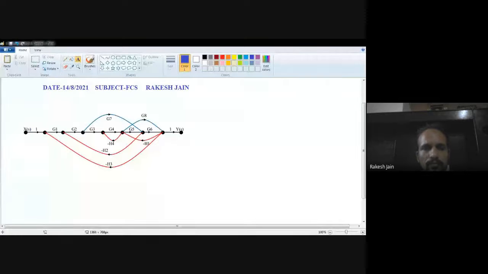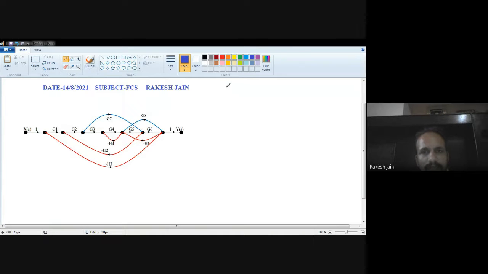So let's begin. First of all, let's look at this MS Paint file where I have a numerical whose transfer function we have to find out. Let's suppose there is a question in which we have to find the transfer function. Because this question is related to the signal flow graph approach, we have to use Mason's gain formula.